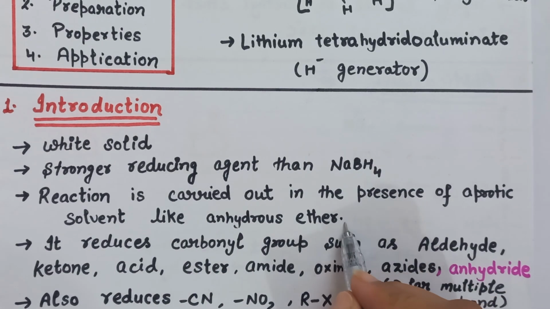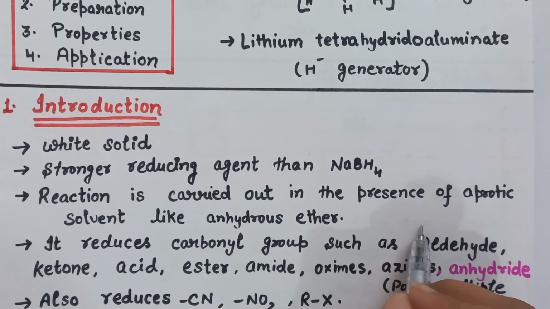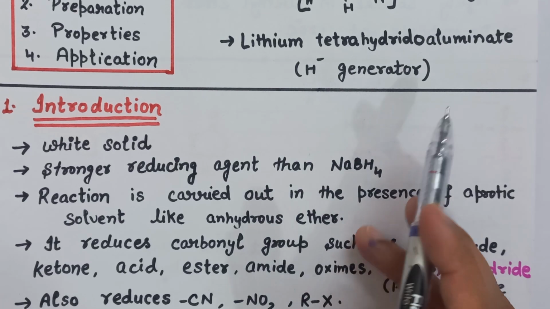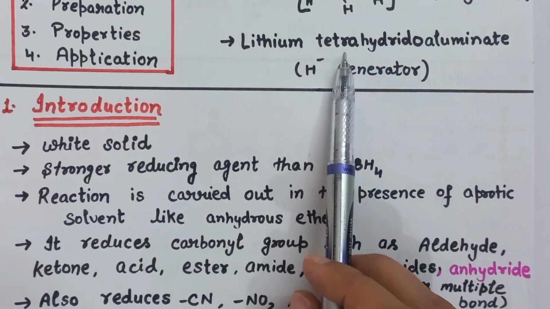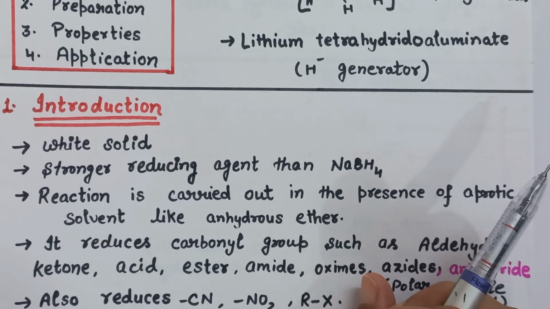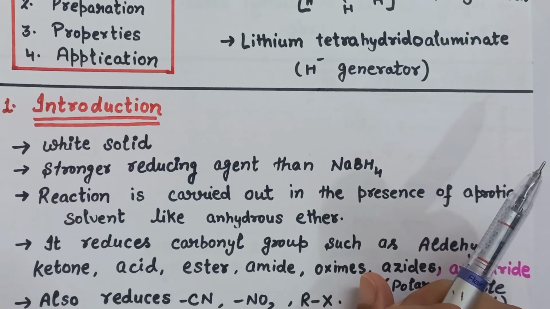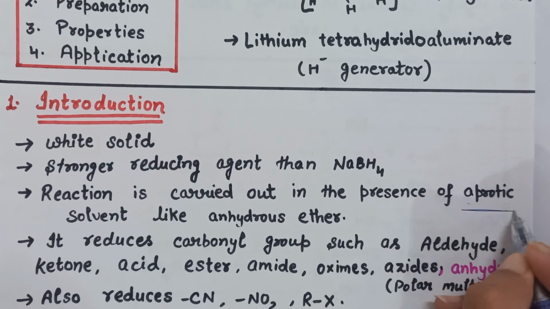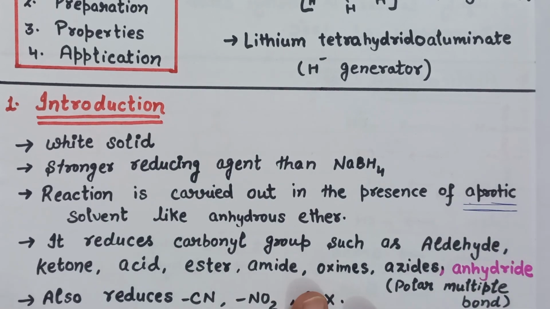We cannot use water for its reactions, because from the water it takes the H plus ion, and the hydride from lithium aluminum hydride combines with it to form hydrogen gas. Therefore the reactions of lithium aluminum hydride are carried out in aprotic solvents.